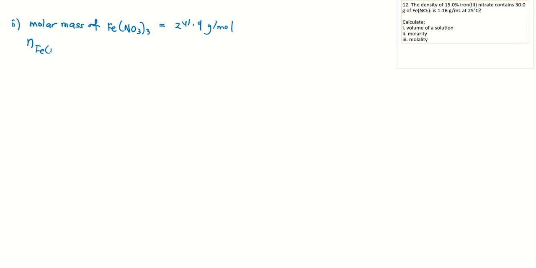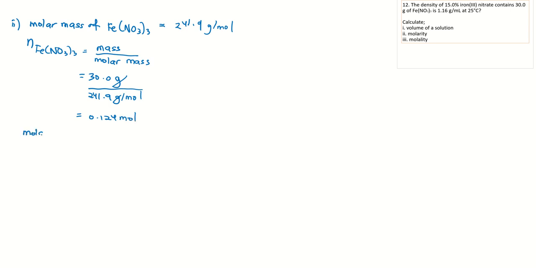So the first step is to find out the mole of solute, or mole of ferrum trinitrate, equal to mass over molar mass. Mass is 30 gram over 241.9 gram per mole. So you will get 0.124 mole.